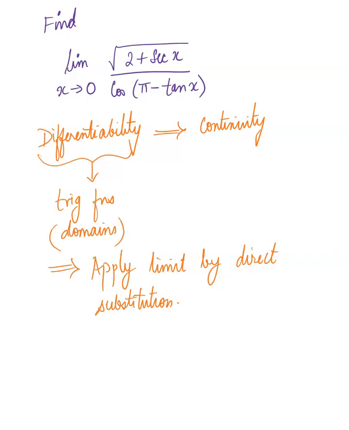So we're going to call upon that because of this robust protection we get because of this underlying rule that differentiability implies continuity, and for the fact that trig functions are differentiable in their natural domains, and therefore they are continuous in their natural domains.